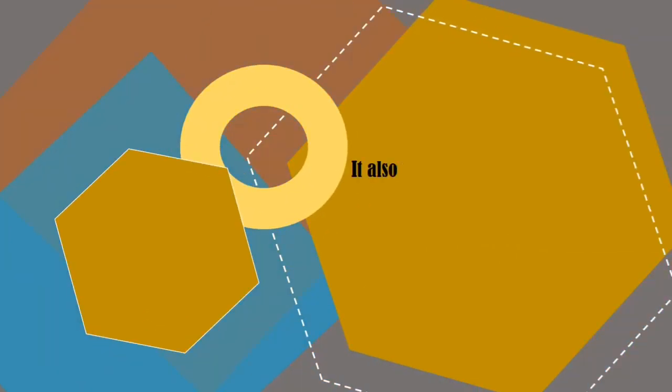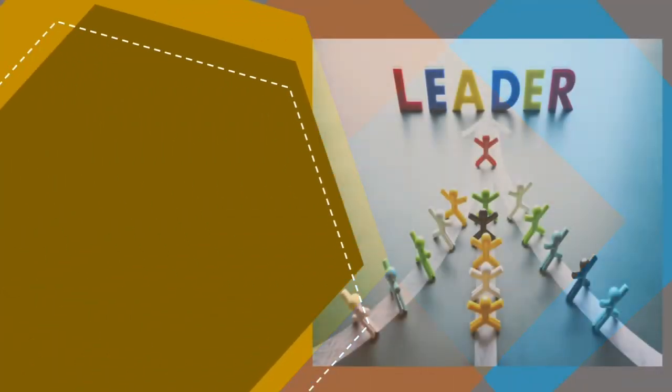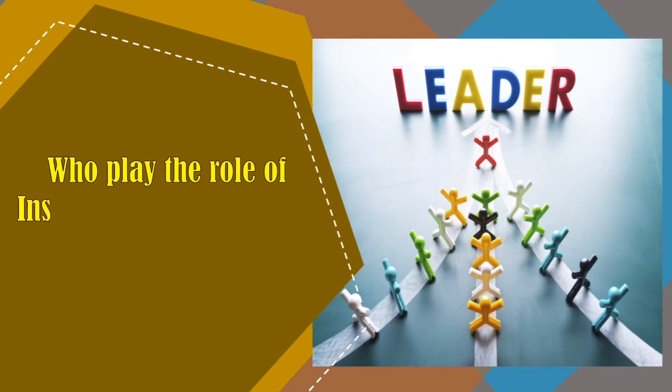Instructional leadership, class, also refers to anything that school leaders do to improve teaching and learning in the school. It focuses on learning and its promotion. So this is why instructional leaders are also called learning leaders. So my question now, class, is who plays the role of instructional leadership?